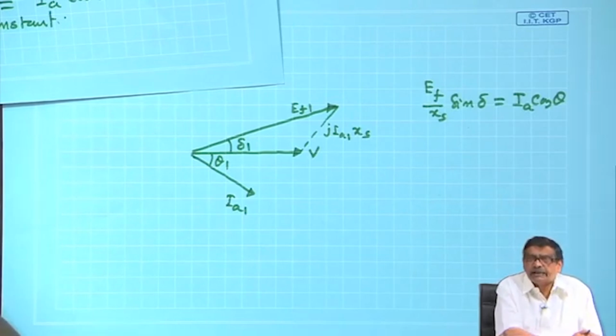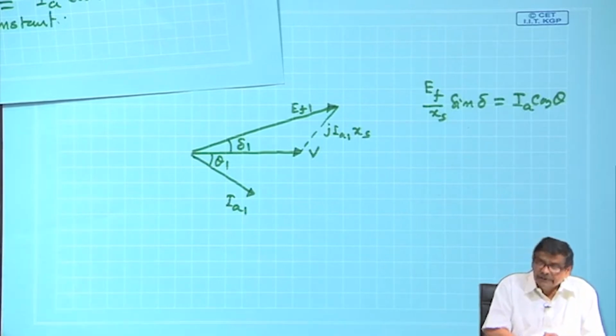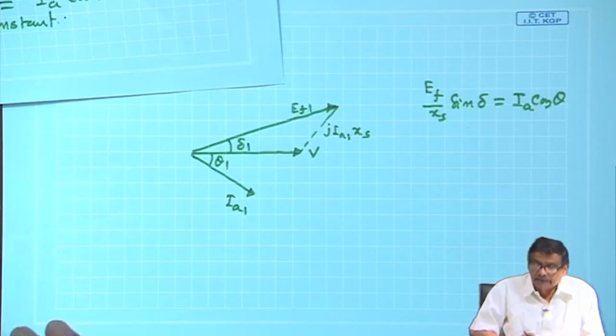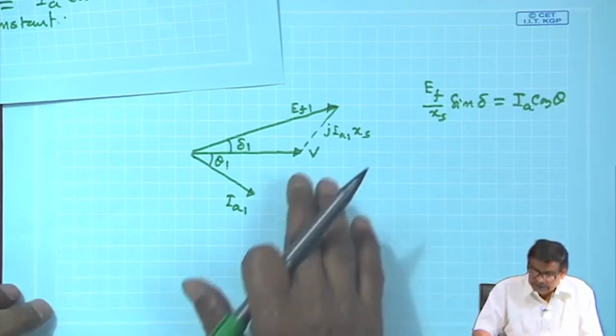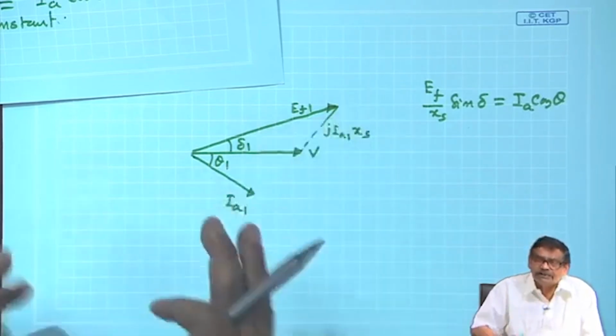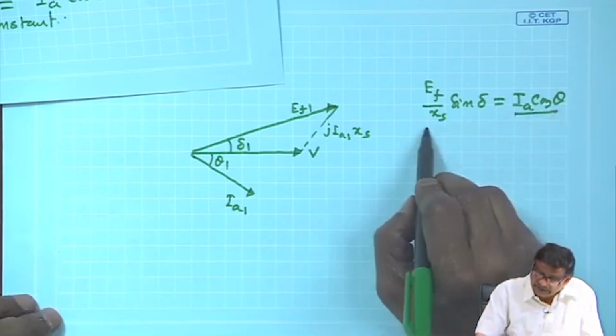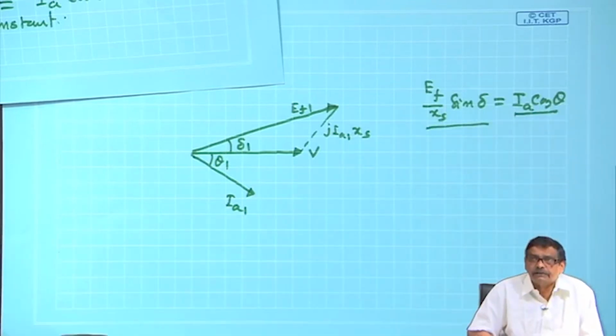I am keeping that fixed, I will not allow it to change. It means that whatever real power I am pumping into the system is held constant, which will ensure that the output power is also constant. In this lossless machine, armature copper loss is also not there. Therefore, these conditions must be satisfied.